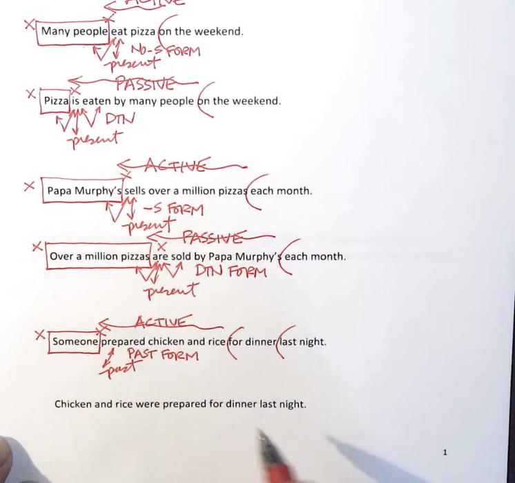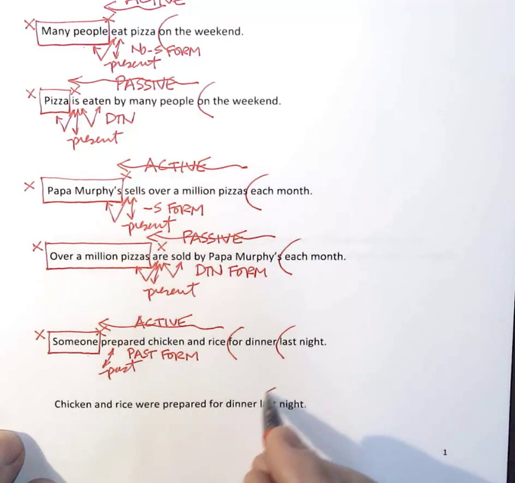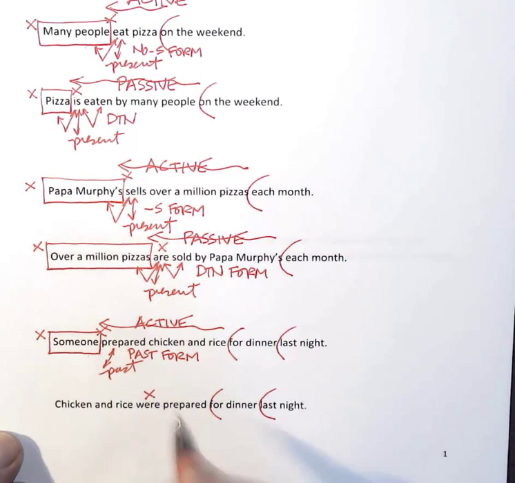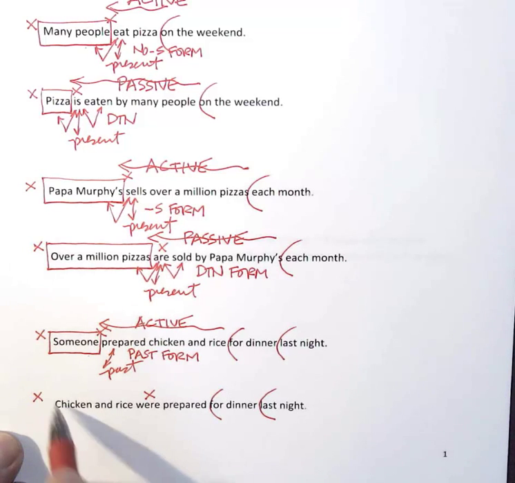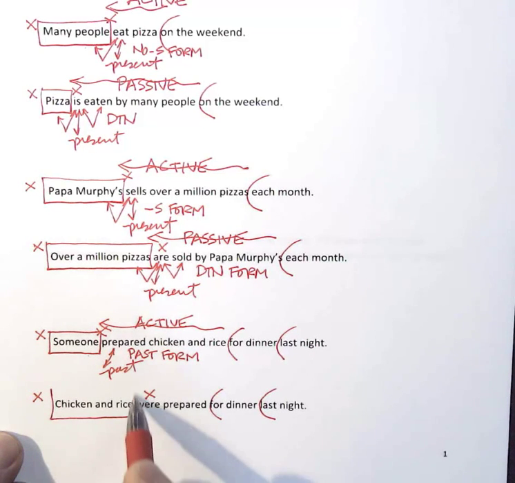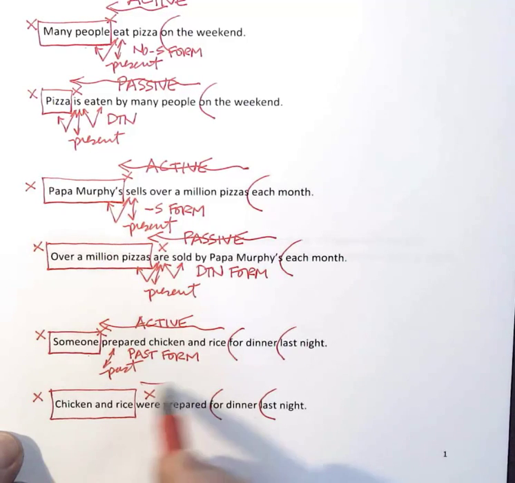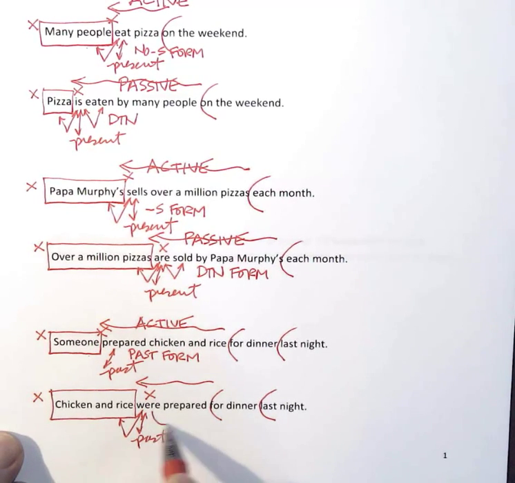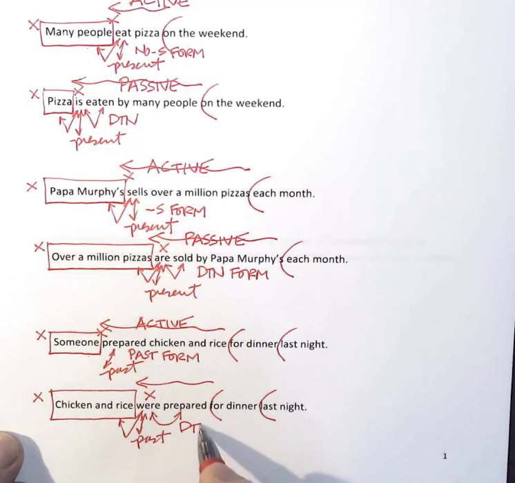Now, in the next one, chicken and rice were prepared for dinner last night. Last night is the shifter. For dinner is the shifter. And were is the X word. Chicken and rice is the subject. The predicate: were ties with the subject. Were ties with the past, last night. And were ties with prepared. Prepared is the DTN form of the verb.